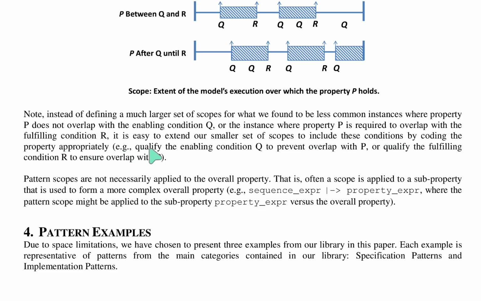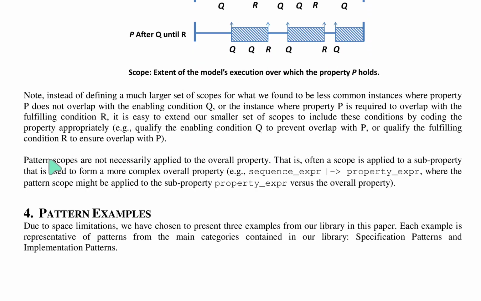For example, qualifying the enabling condition Q to prevent overlap with P, or qualifying the fulfilling condition R to ensure overlap with P. Pattern scopes are not necessarily applied to the overall property.